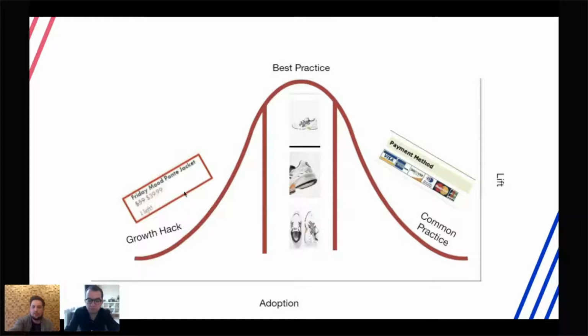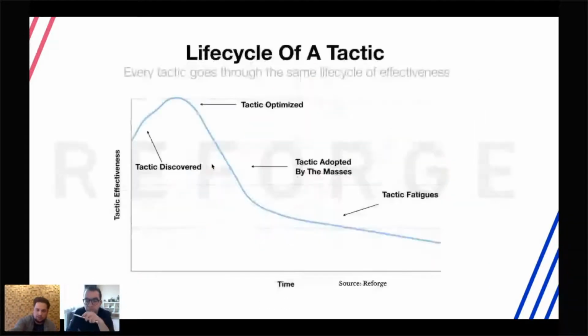So let's say dedicated outbound based on automation on LinkedIn and email campaigns. However, the more companies are using that, the more the effectiveness of this specific tactic is going down. After it's adopted by masses, the effectiveness of this tactic goes down.